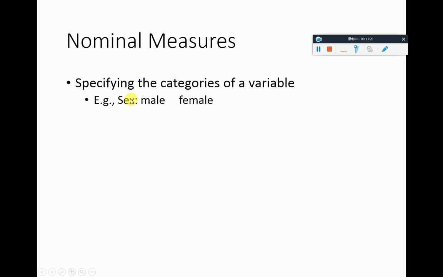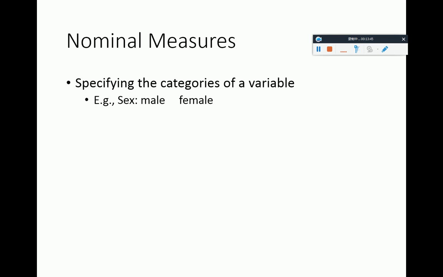In some cases, this process is very straightforward because, for example, if we're going to measure the biological sex of a person, in 99% of the time, we only have two categories that we can possibly put all the values into, right?